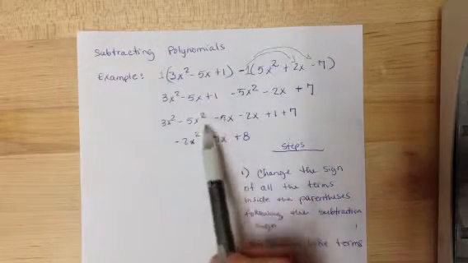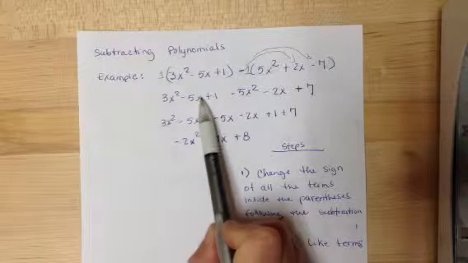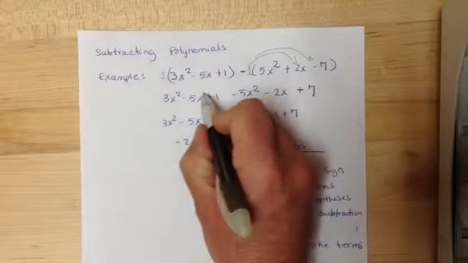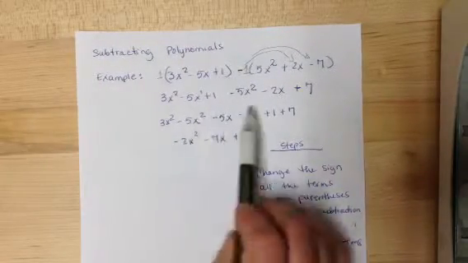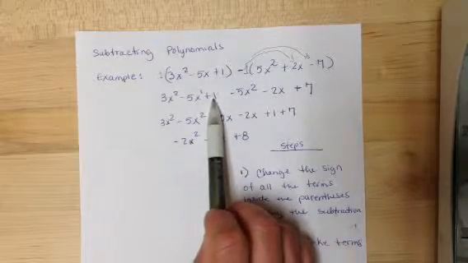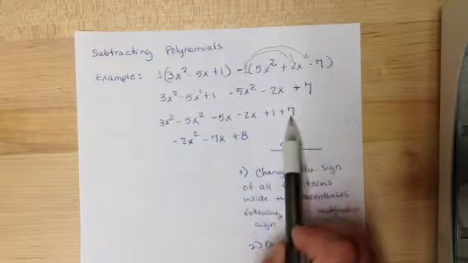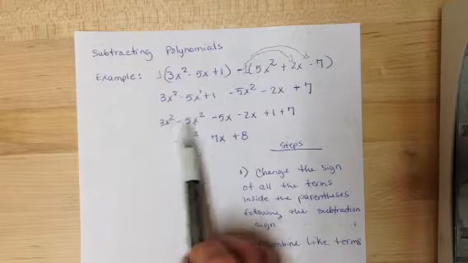We're going to combine the x variables to the first power. Nothing is here, but it's like having a 1. I just don't have to put that 1 there. So we're going to say negative 5x minus 2x, and then we're going to get the constants. Constants are just the numbers. We're going to have 1 and 7. We're going to combine these two.